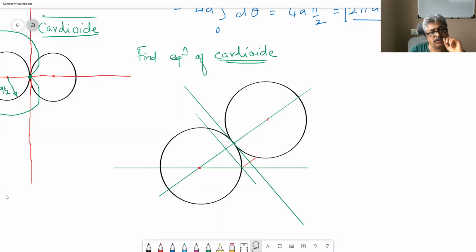Let us first derive the equation of the cardioid. This is any position after some time.